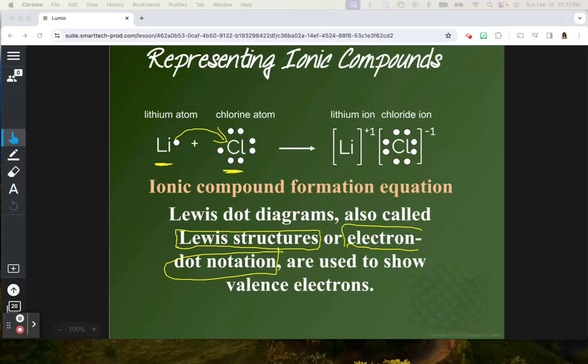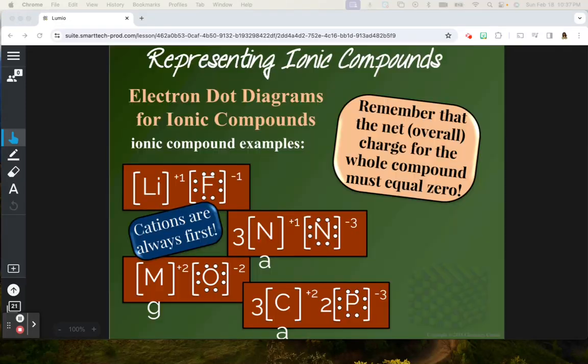It becomes lithium with one positive charge and chloride with one negative charge. So remember, when you're writing these, cations are always written first. And remember that the net overall charge must equal 0. And here's some examples of that you could add to your notes.